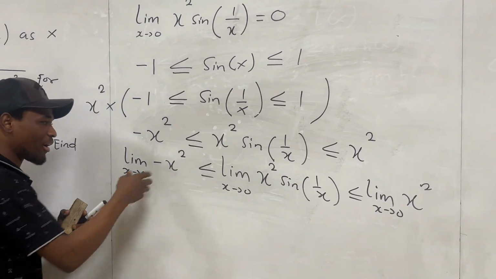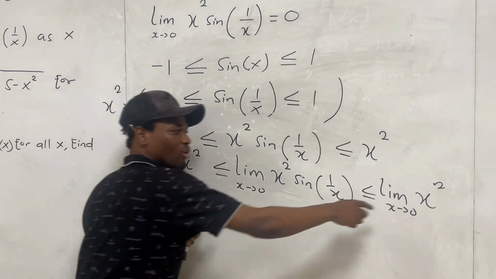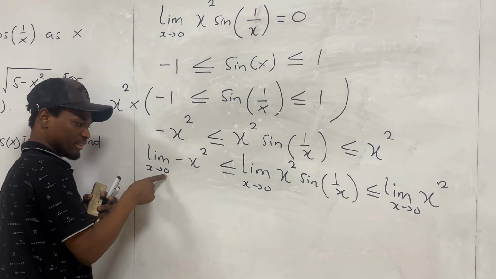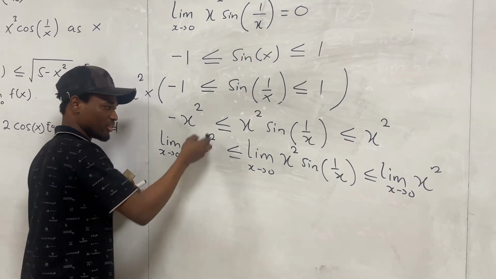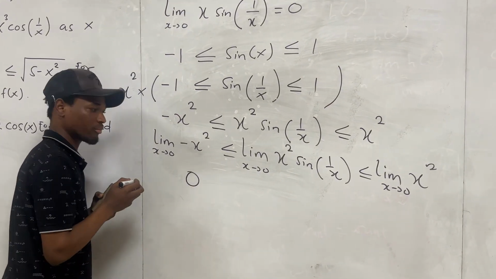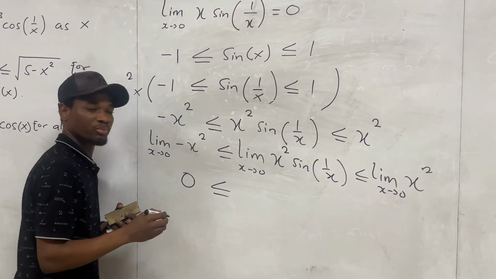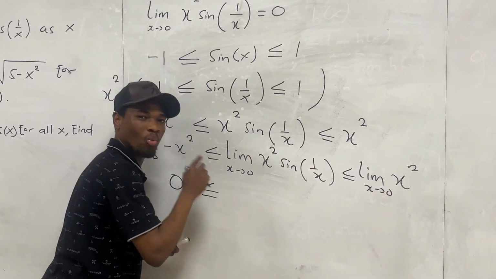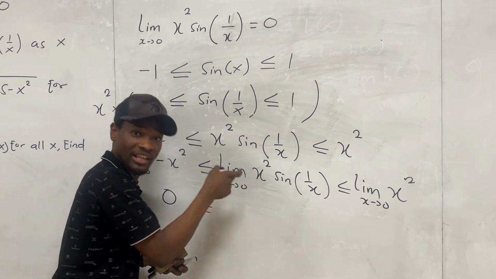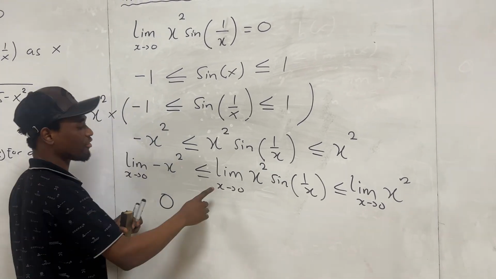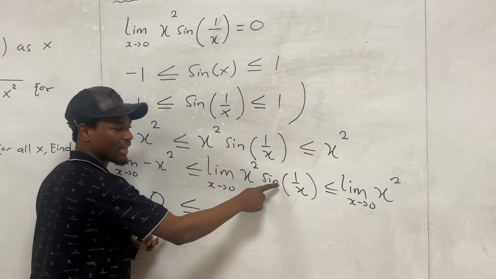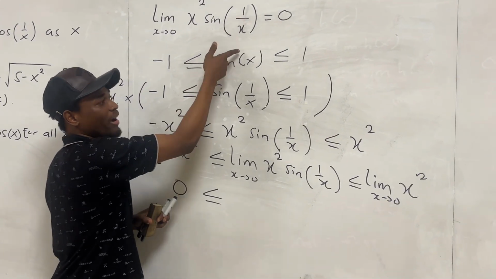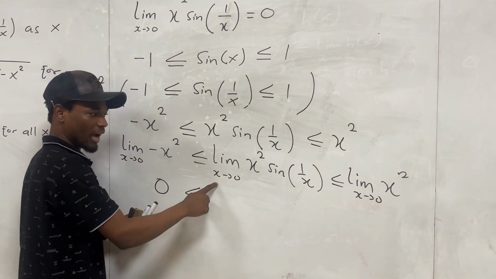We are going to evaluate this and evaluate that. When you put x equal to 0 into this, we will have 0 less than or equal to, and we are not going to touch the middle function. Why? Because that is the question: the limit of x squared sine 1 over x as x approaches 0.